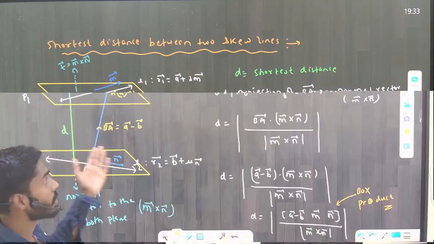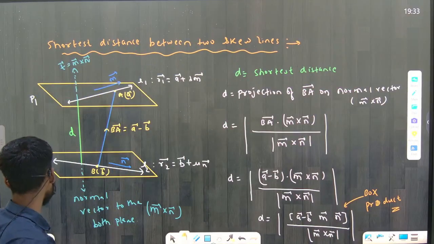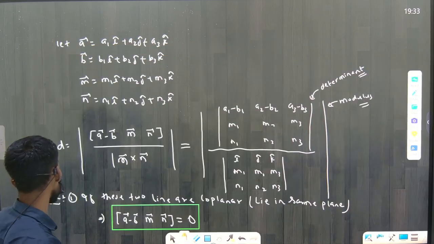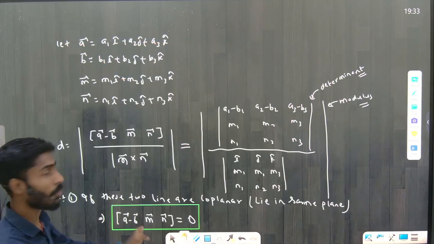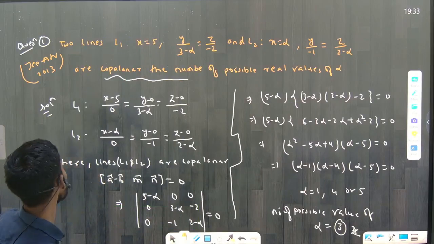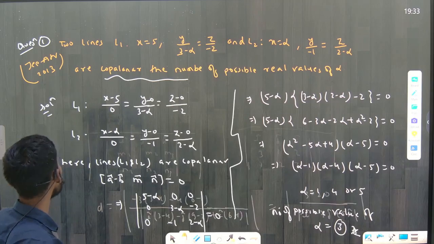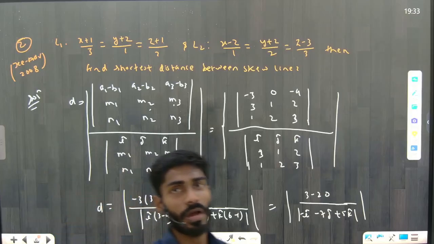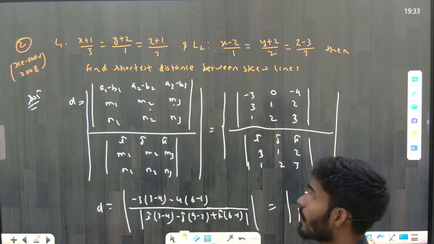This is the shortest distance between skew lines. If lines are coplanar, then the box product is 0. This question was asked in 2018 JEE Advance, and the second question was also asked in JEE Advance 2008. Okay, thank you.